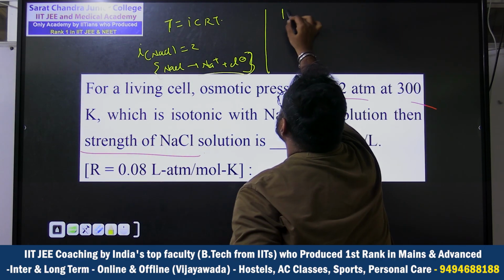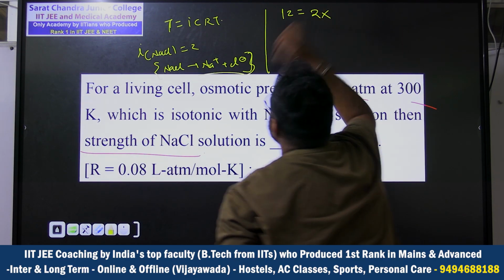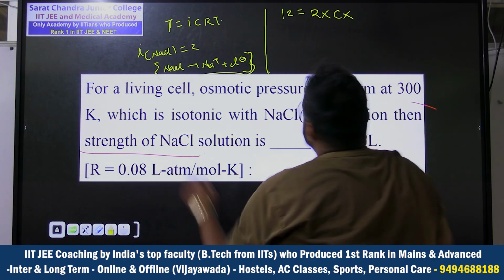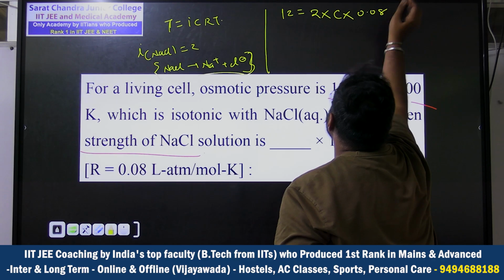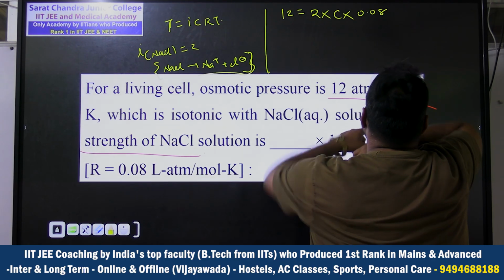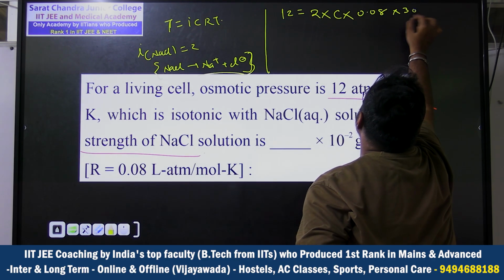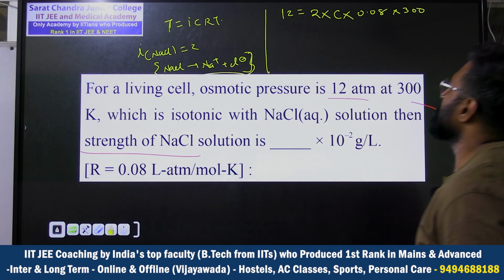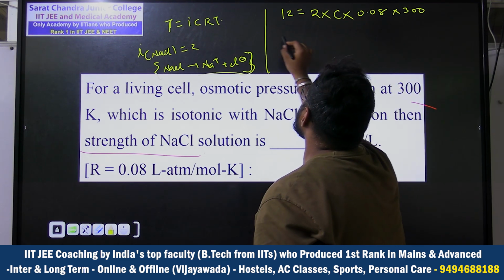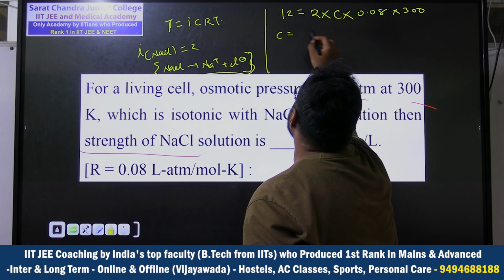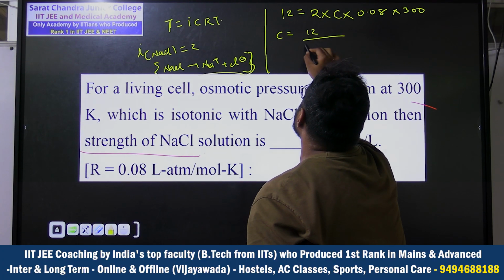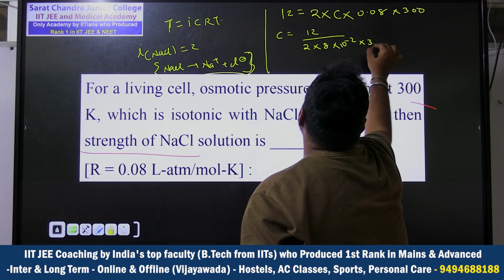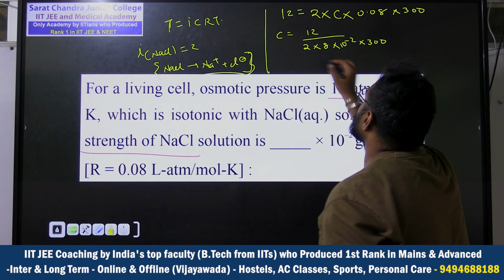Now apply everything in the formula. 12 is equal to 2 into C, which we don't know, into R. What is R? 0.08. And the temperature is 300. So let us find C. C is equal to 12 by 2 into 8 into 10 to the power minus 2 into 300.